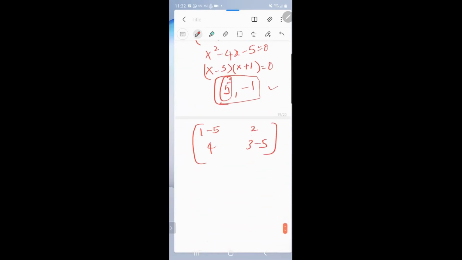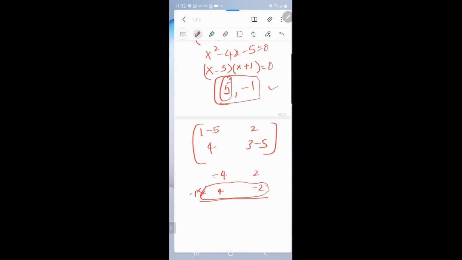So this is minus 4, 2, and 4, minus 2. As you can already see, these two equations are the same, right? This is just multiplying by minus 1. If you multiply this by minus 1, you get the first one, right?